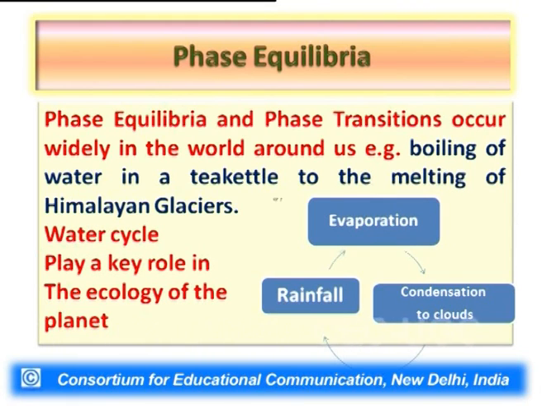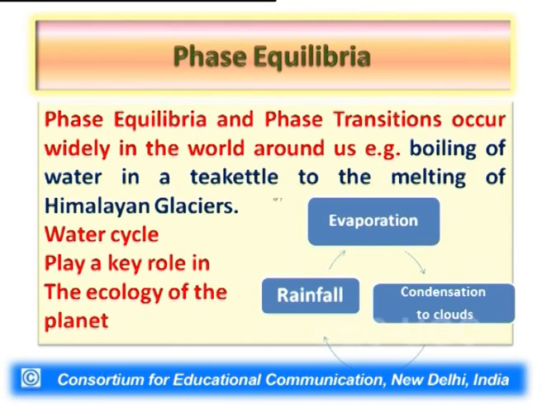In the boiling of water in a tea kettle, we observe a phase transition from liquid water to water vapor, and at the great Himalayan glaciers, there is solid water, that is ice, which undergoes melting to form liquid water. So, there also we have a solid to liquid phase transition.